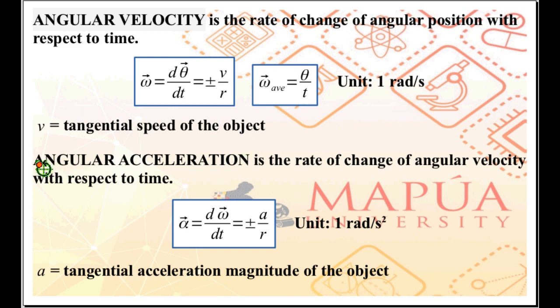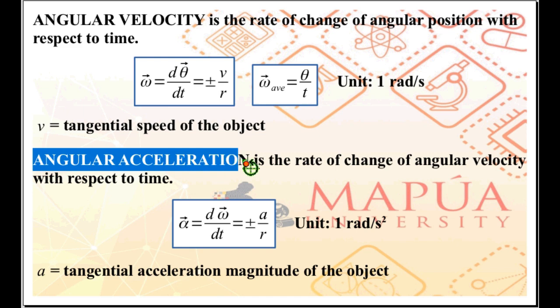Next, we have angular acceleration. If we take a look at how fast the angular velocity of the object is changing, we have angular acceleration, the rate of change of angular velocity with respect to time. Angular acceleration alpha is again a vector quantity, so there is an arrow or bar over the variable.